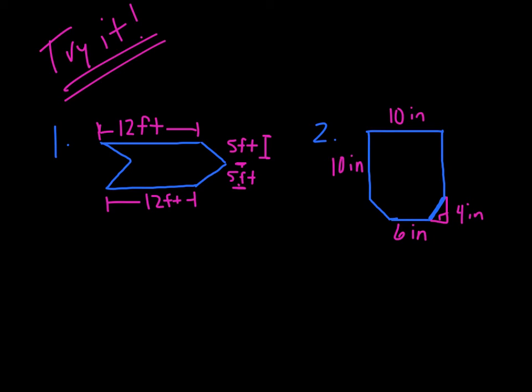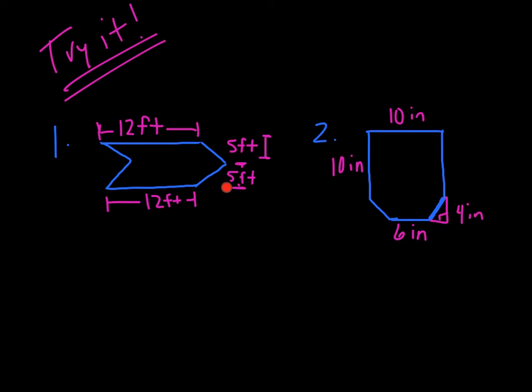So looking at here, I just want to point a couple things out. From here to here is 12 feet. Same thing down here, from here to here is 12 feet. So what they're indicating is that this imaginary line from here to the point, right here to here, is 5 feet.